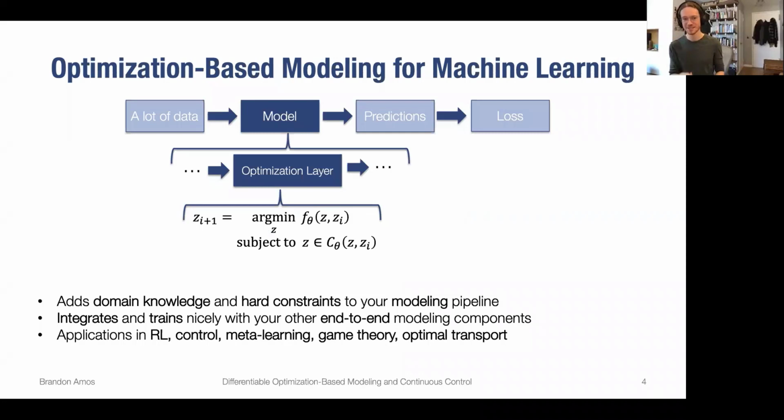As Steve prefaced, when I'm talking about optimization-based modeling in this context, I'm not talking about doing parameter optimization with some new optimization methods, or gaining any new insights into optimizing the parameters of your model.